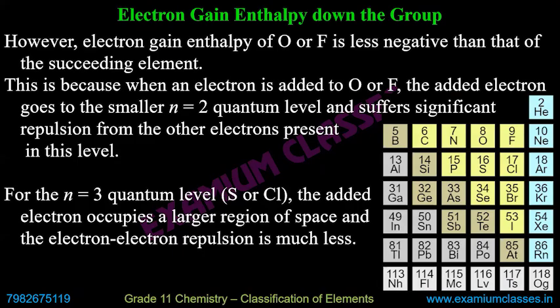But if we talk about whether it is away from the nucleus or closer to the nucleus, those concepts will be similar. And sir, what direction does the positive sign indicate? The positive sign indicates that we need to provide energy to the atom so that it gains an electron.